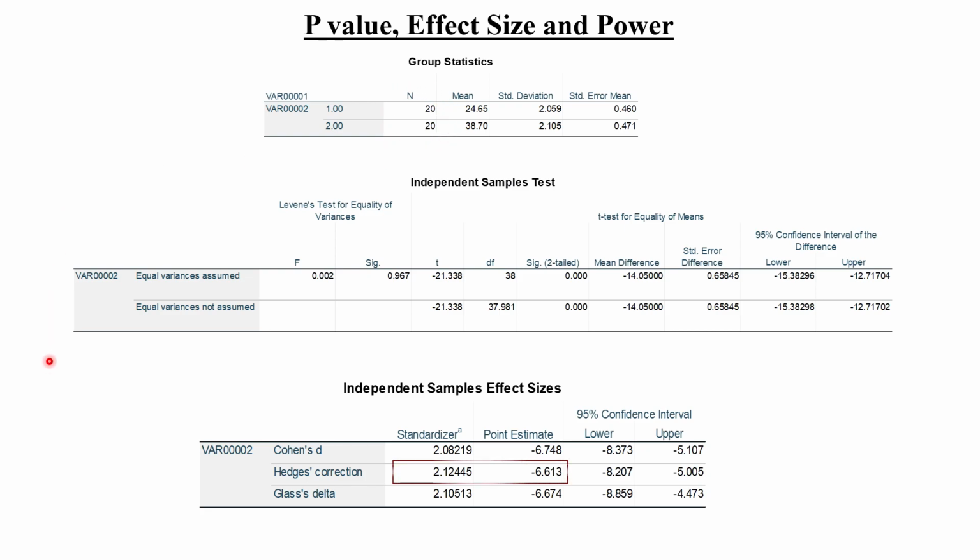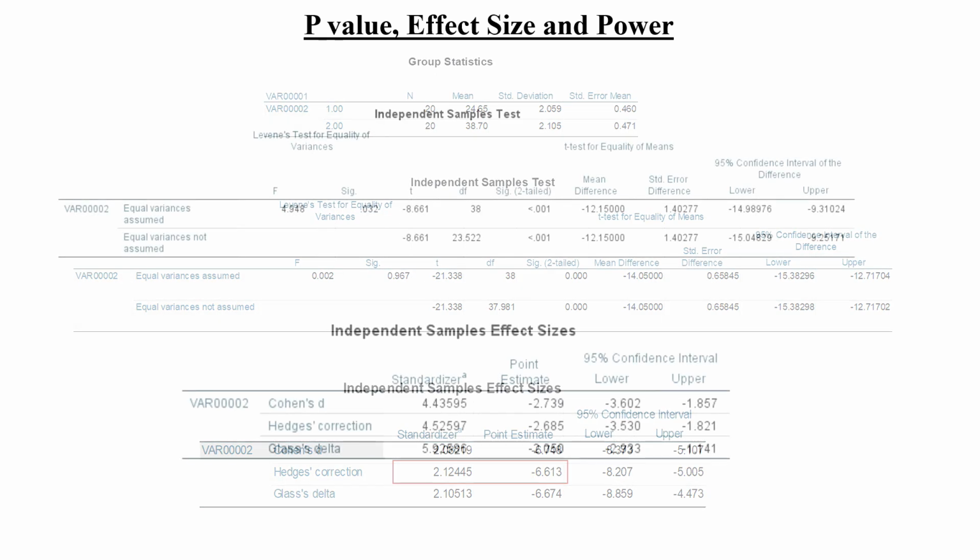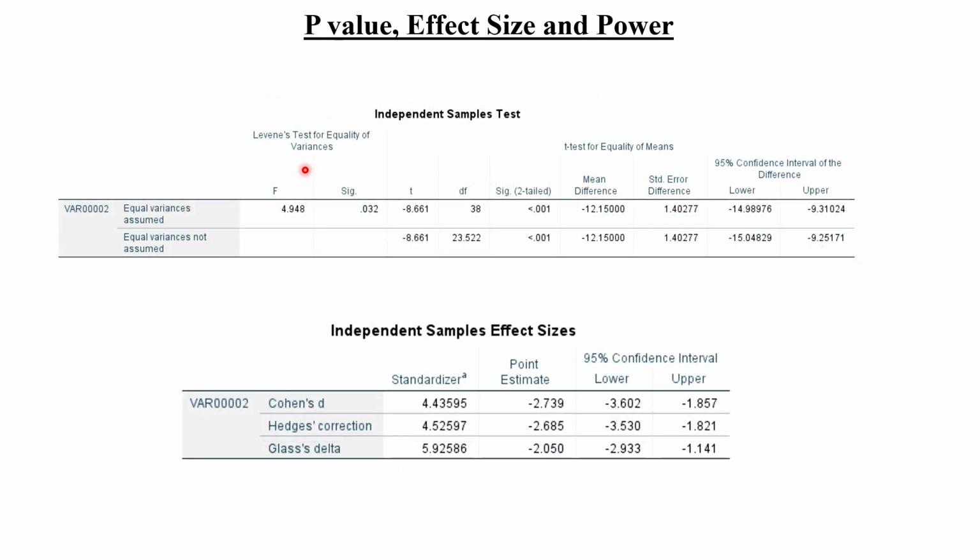So we will report the Hedges-corrected Cohen's d value, which is 6.613, which signifies a higher effect size. But for example, if the homogeneity of variance is violated, then we would go with Glass's delta to report the effect size, which in this case is 2.05, still a higher effect.